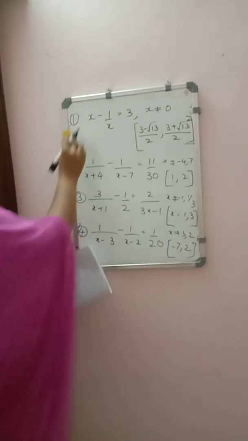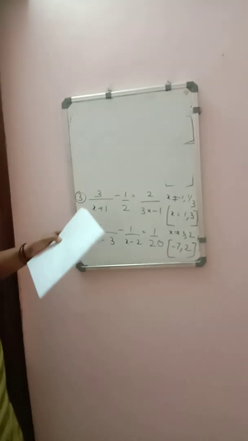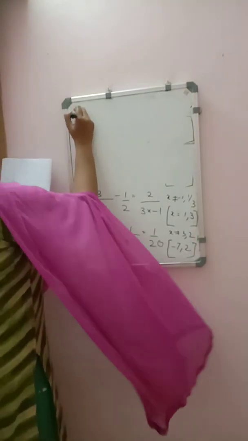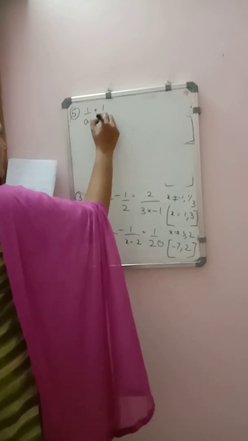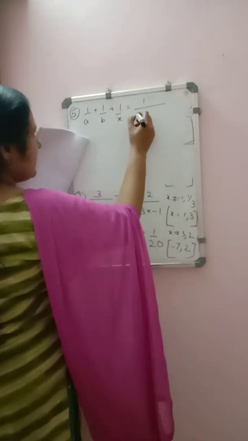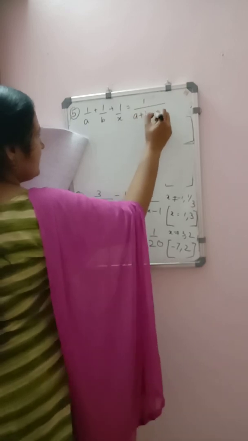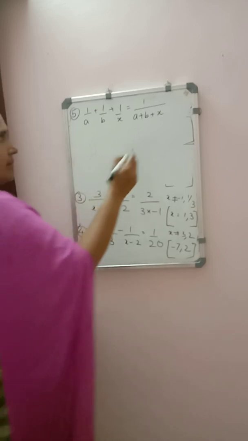Next, question number 5: 1 by a plus 1 by b plus 1 by x is equal to 1 by a plus b plus x. Again condition, x not equal to minus a minus b.